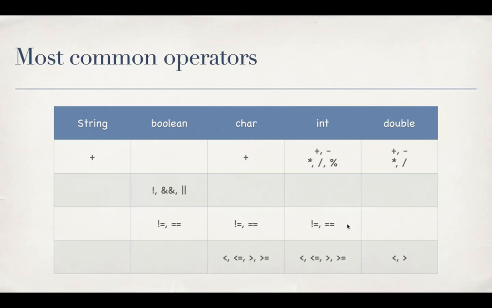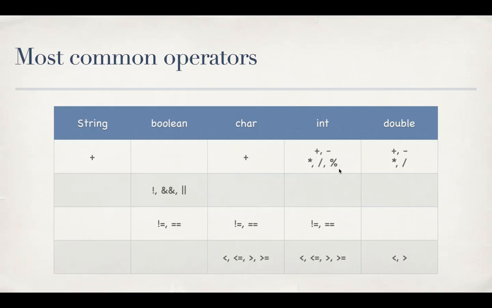All right, the next type is int. Integers again have the arithmetic operators like plus, minus, multiply, divide. Ints also have the remainder operator, which is the percent sign, sometimes called modulus operator. But I think there is a difference between modulus and remainder, especially if you are dealing with negative numbers.